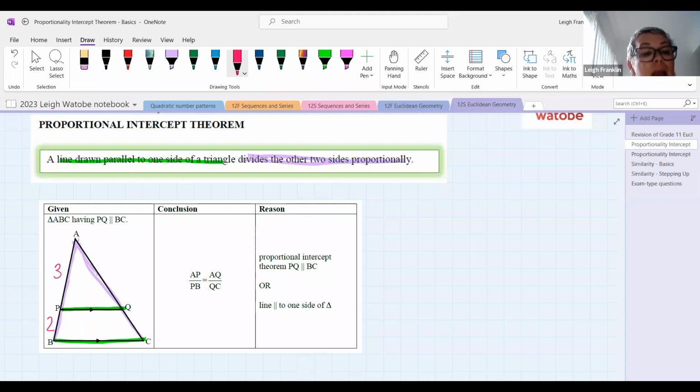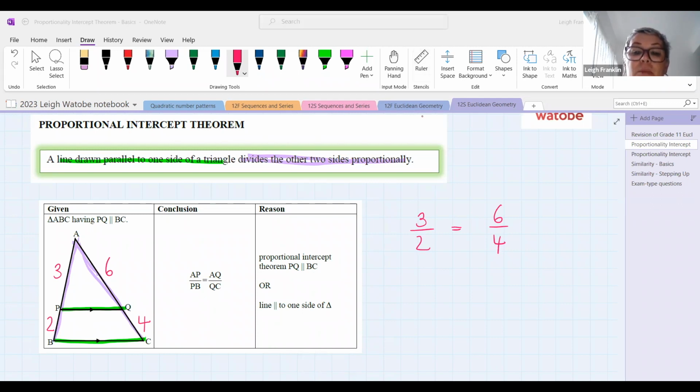So maybe AQ is 6 units in length. If it was, then QC would have to be 4 units. So they are in the same proportion, because 3 over 2 is the same as 6 over 4. That's what we mean by the same proportions. Is everybody happy with that? Does that make sense?